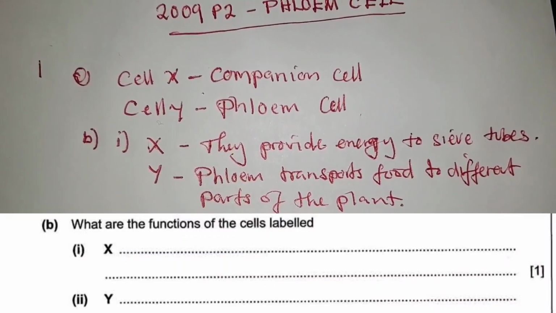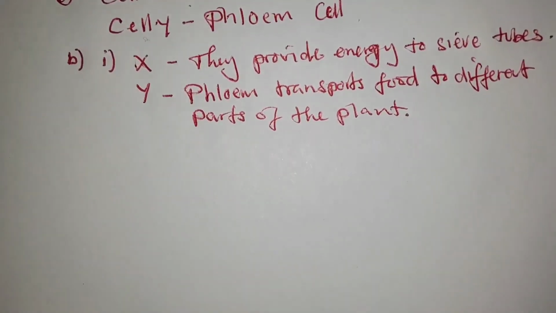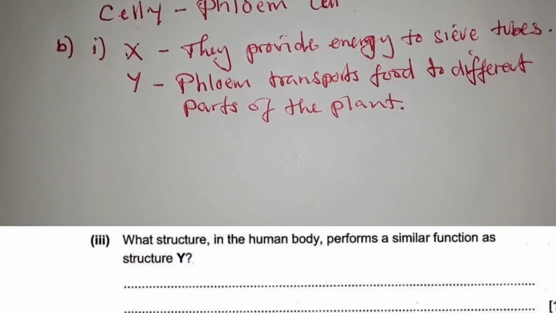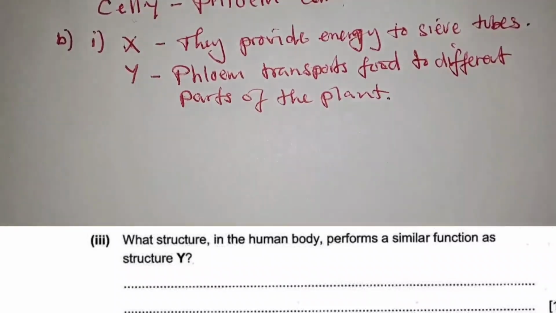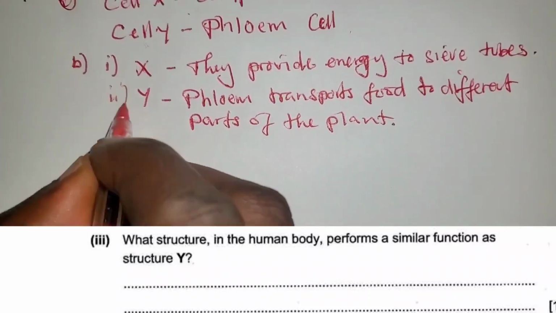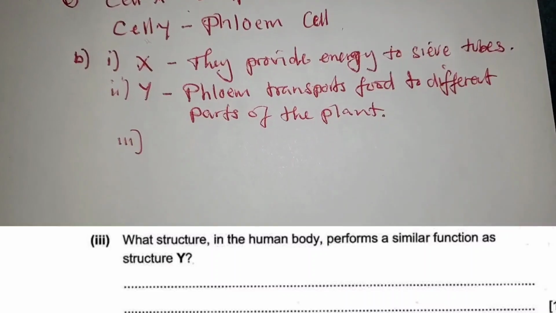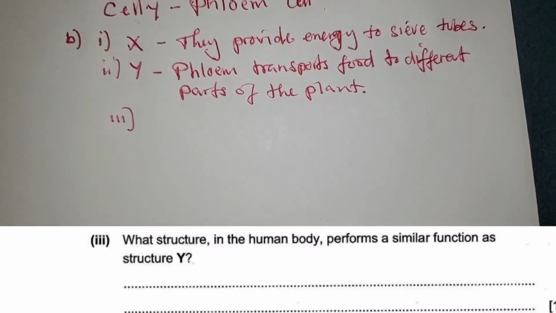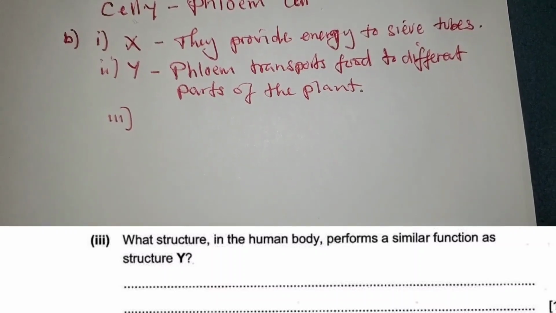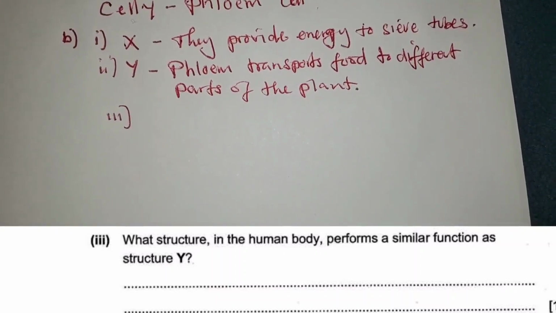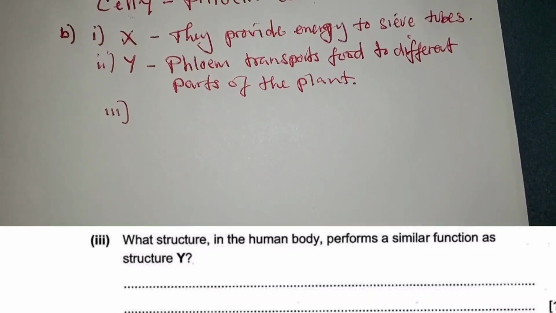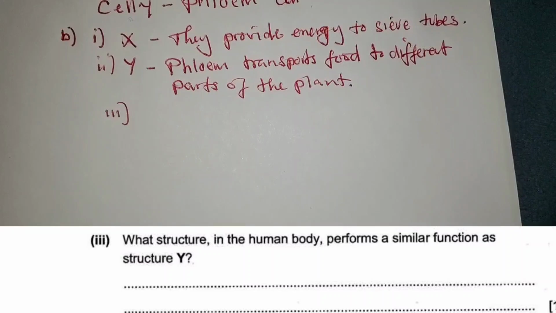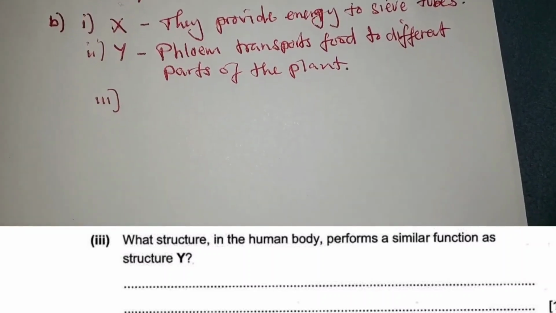All right, next question. The question reads, which is 3. So this one is 2. So 3, you're saying, what structure in the human body performs a similar function as structure Y?